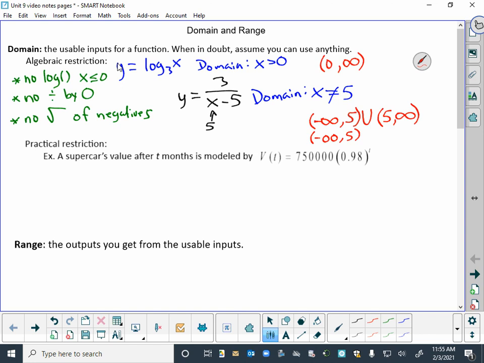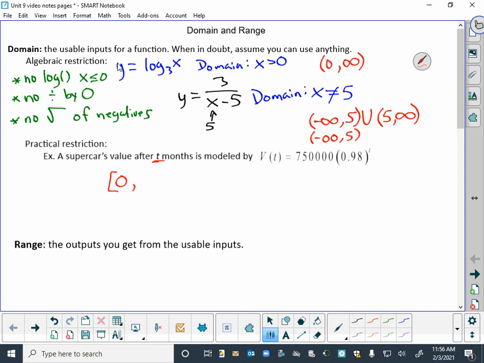So when we look at this one, a supercar's value after t months is modeled by 750,000 times 0.98 to the t. Okay, well, that's nice. Some values of t, if I'm looking at t as my input here, well, for one thing, it doesn't make any sense to start with a negative number.